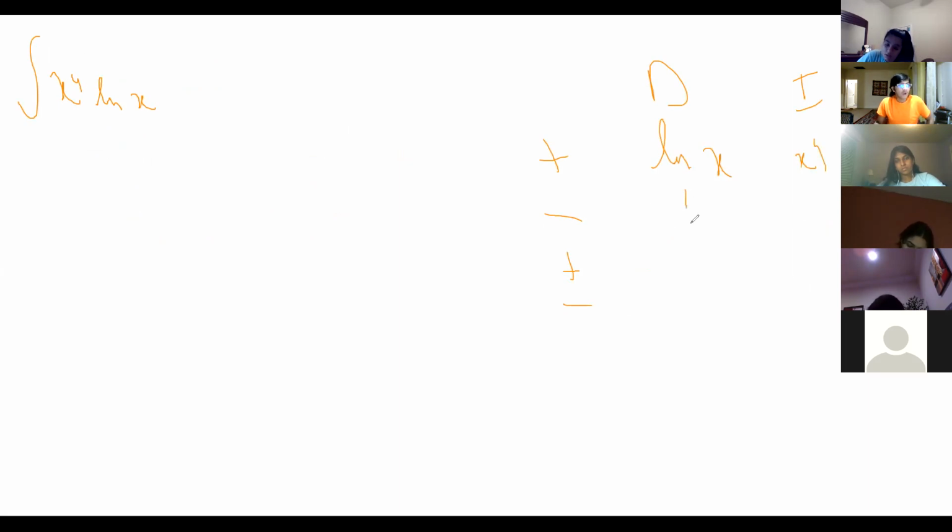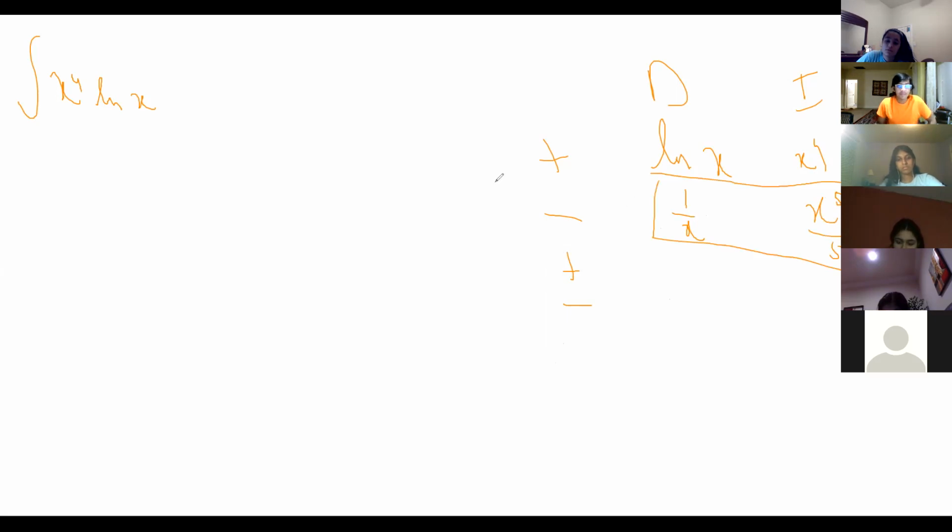Now I'm going to get a 1 over x, and then if I integrate this, I'm going to get x to the 5th over 5. Now I know if I keep doing this, this is going to be endless. However, that's the second rule: you stop when you can take the integral of a row. As soon as you can take the integral of the product of a row, you stop.